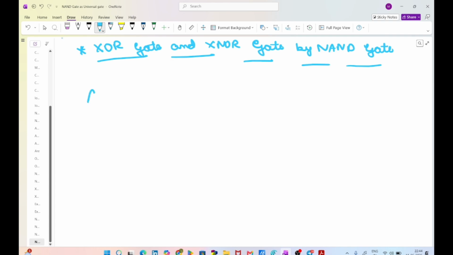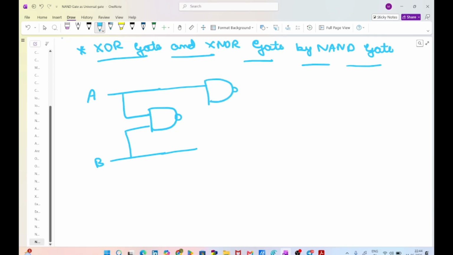This one is A, given as input to the NAND gate, and here B, given as input to the NAND gate. And then here the NAND gate. The output of this is given as input to this and also to this one. And then the output of this is given as input to the NAND gate.